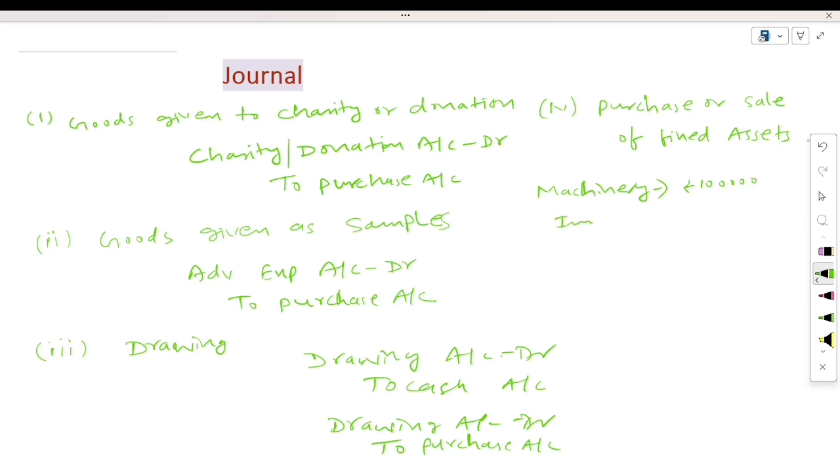Installation charge of this machinery is rupees 10,000. Any other charge, suppose cartage of this machinery is 5,000.